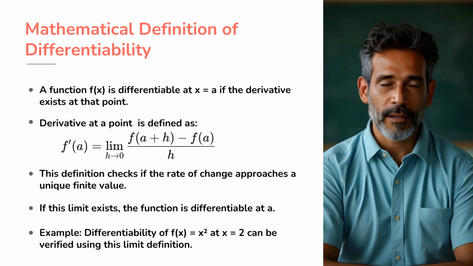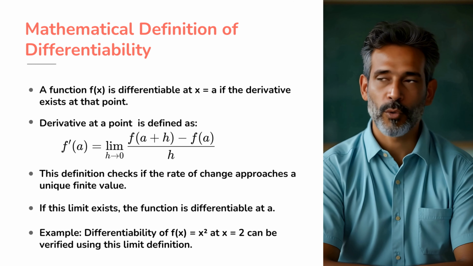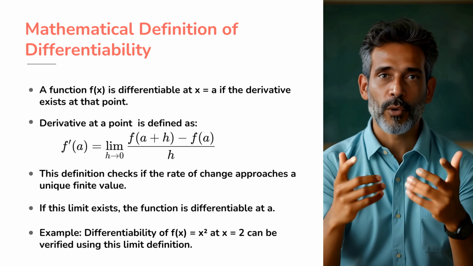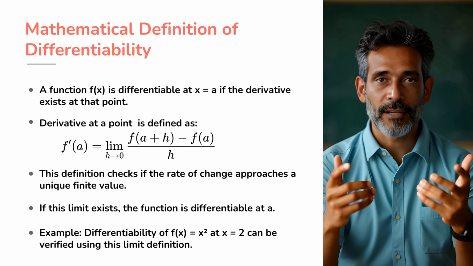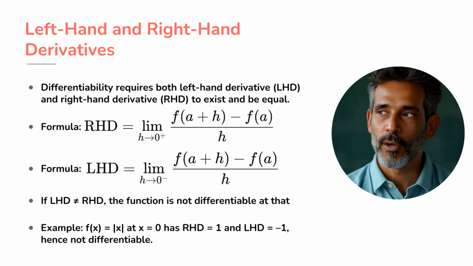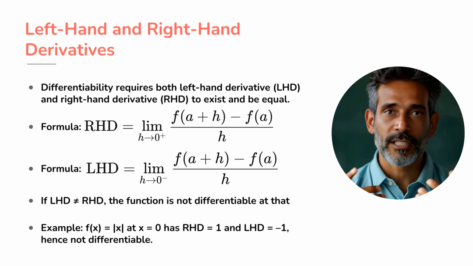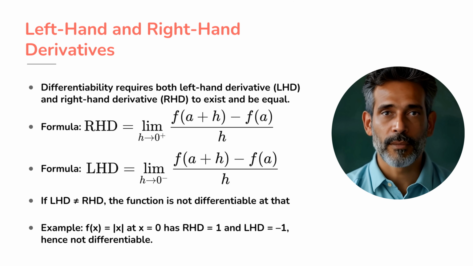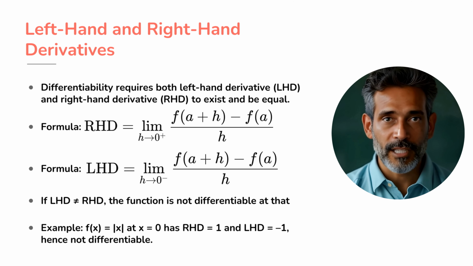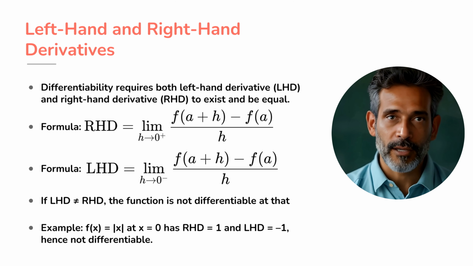For example, take f of x equals x squared. At x equals 2, we can apply this definition and confirm that the derivative exists. But wait, for the limit to exist, it must give the same value from both directions. That's where left-hand derivative and right-hand derivative come in.